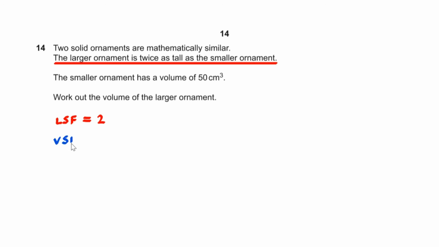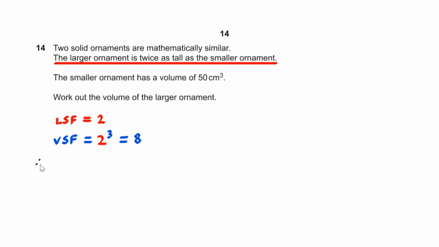And therefore the volume scale factor is equal to the length scale factor 2, then cubed. So we've got 2 cubed, which is 8. The volume scale factor is equal to 8.